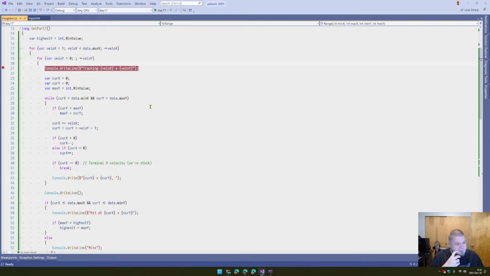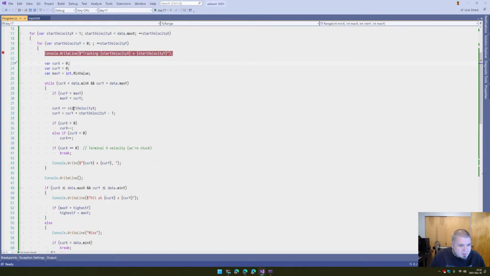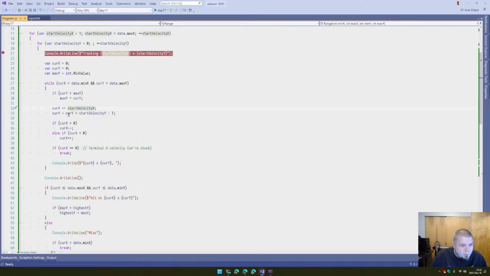Yeah, so this loop is wrong. I understand what I'm doing now. So if the velocity is going to change, there's my start velocity x, there's my start velocity y. Okay, so x goes up by the velocity, y goes up by the velocity.